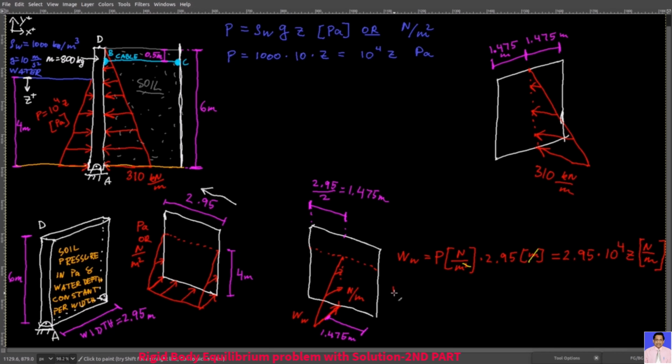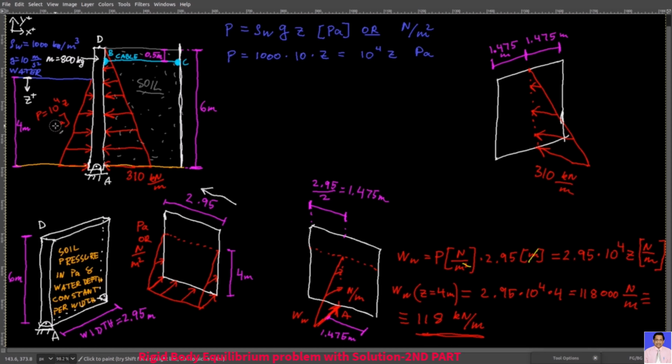So it's going to be WW at Z equals 4 meters. That's going to be 2.95 times 10 to the power of 4 times 4. It will be 118,000 newtons over meter, or equivalently 118 kilonewtons over meter. And so that's the pressure distribution per unit length here at A.